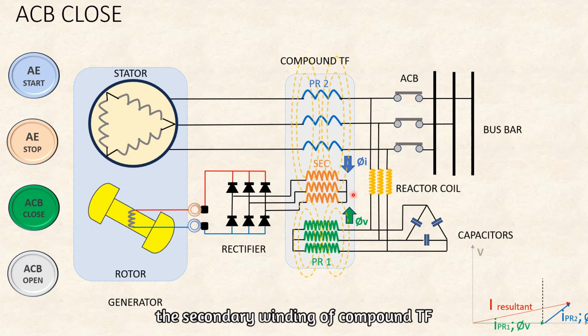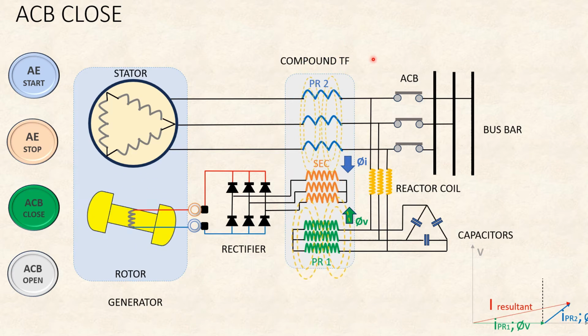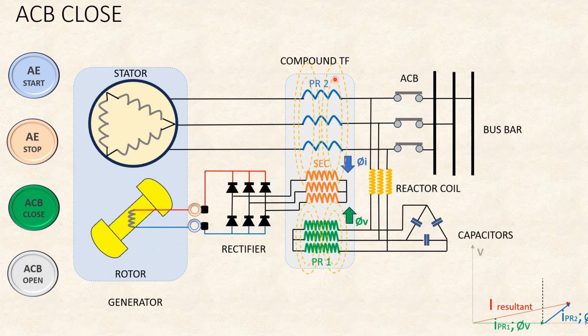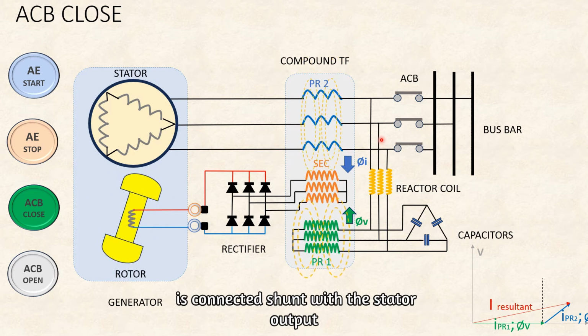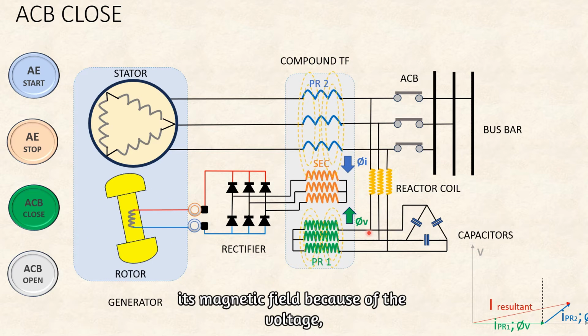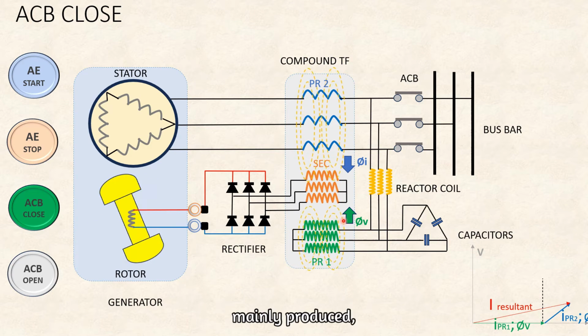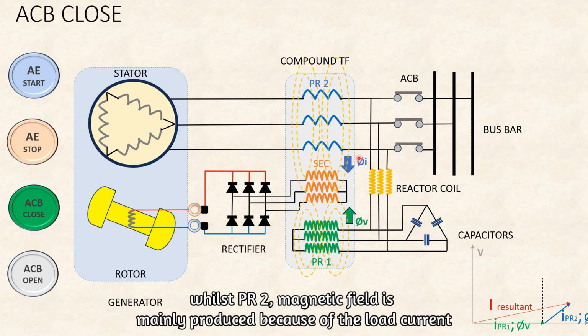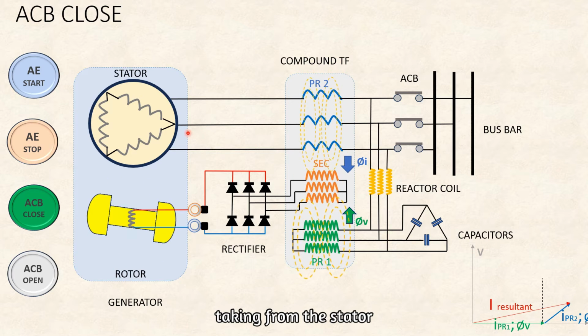Then the secondary winding of the compound transformer will be subjected to two magnetic field effects, from PR1 as well as PR2. As PR1 is connected in shunt with the stator output, its magnetic field is mainly produced by the voltage, whilst the PR2 magnetic field is mainly produced by the load current taken from the stator.